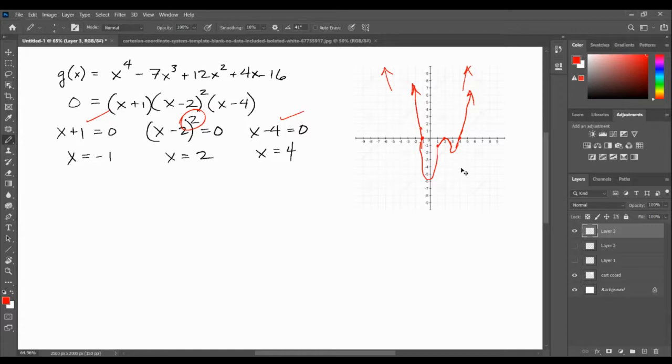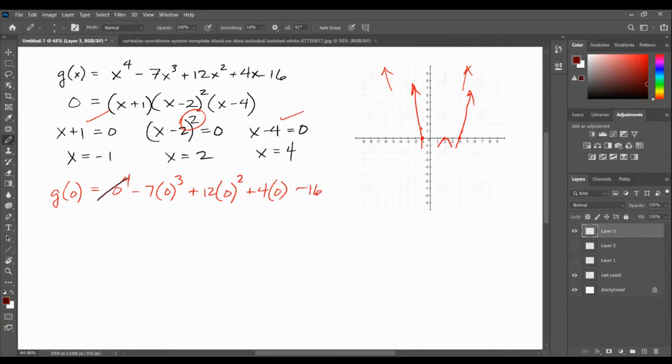Now it turns out, let's think about this for a minute. If I find g of 0, to get the y-intercept, I've got 0 to the 4th minus 7 times 0 cubed plus 12 times 0 squared plus 4 times 0 minus 16.